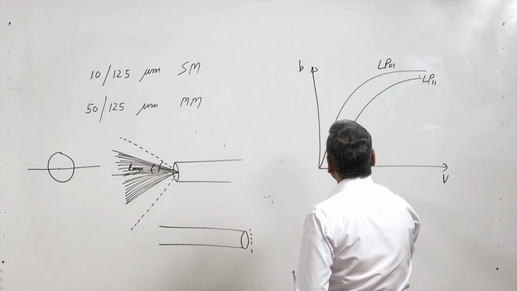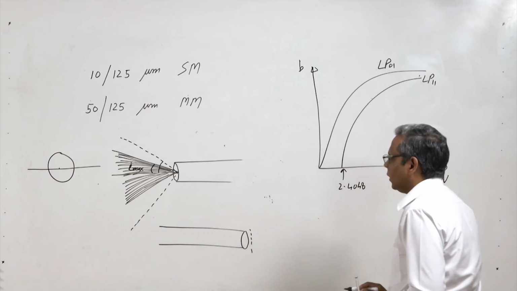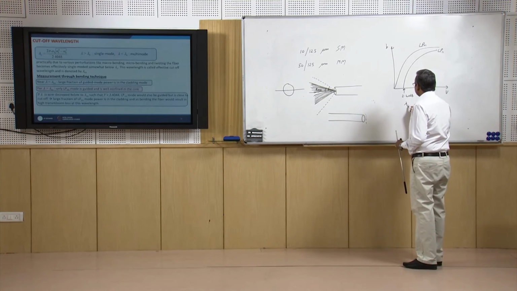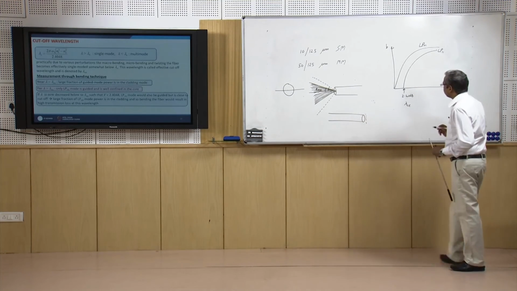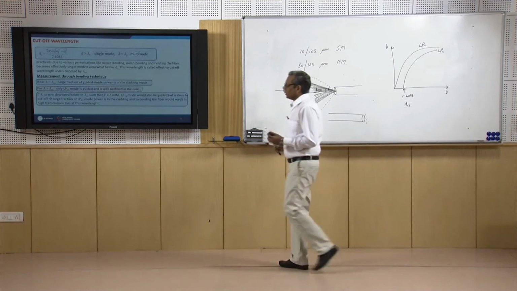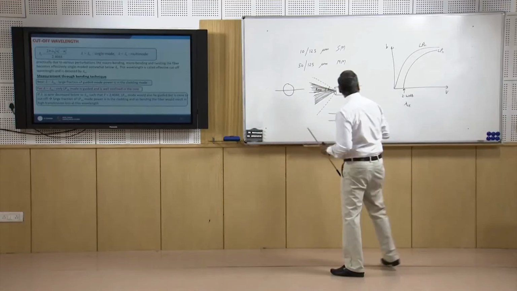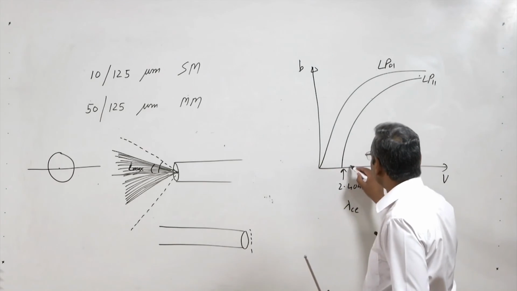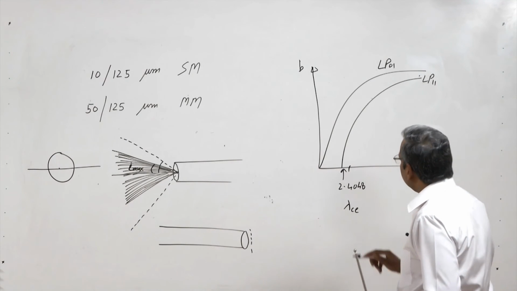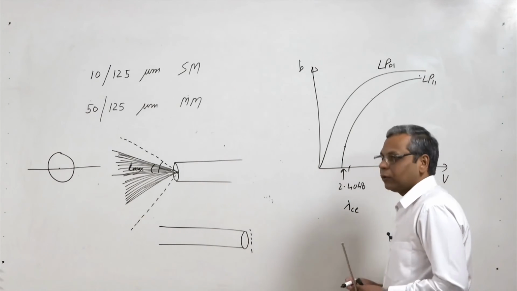This point is 2.4048 and it corresponds to, let us say, lambda c or lambda ce. So, when your lambda is decreased below lambda ce, that is, V is slightly greater than 2.4048, then this is also guided, but it is close to cutoff.